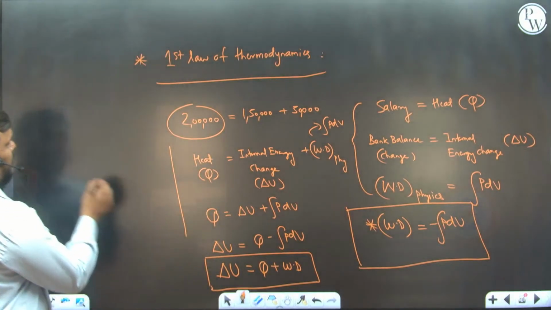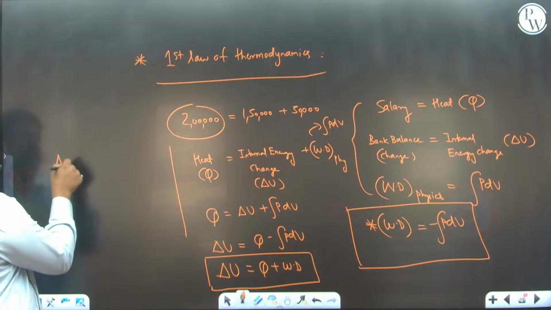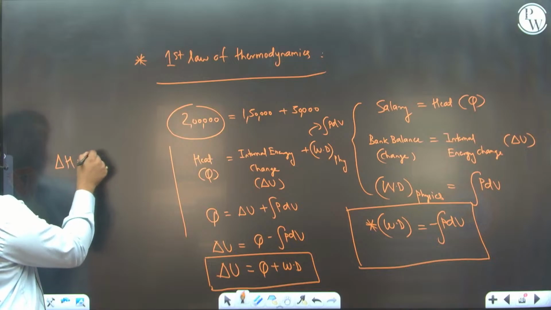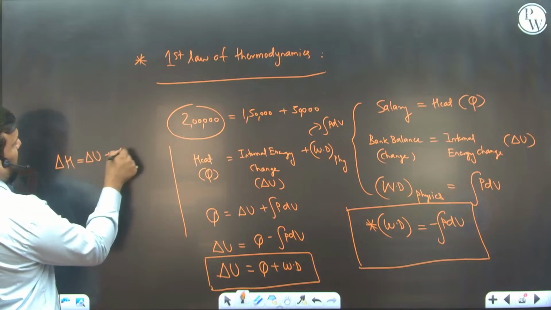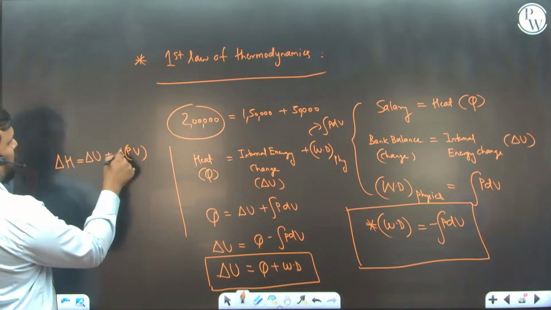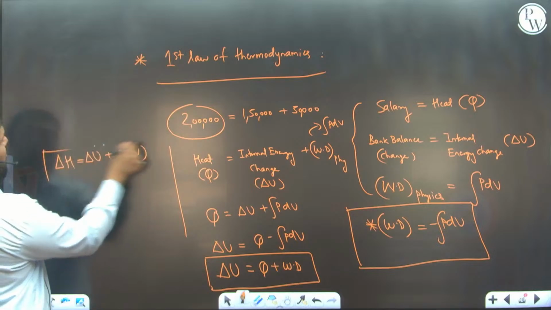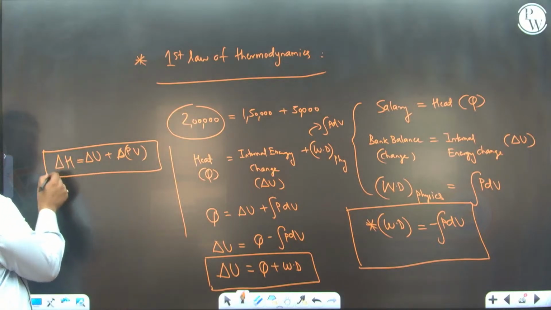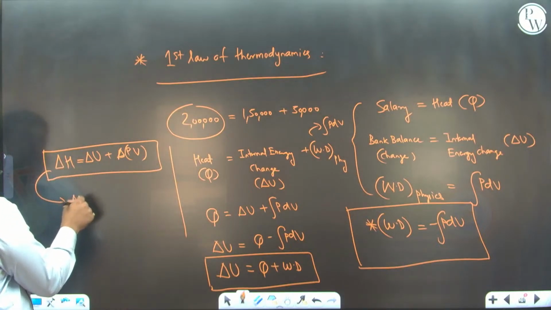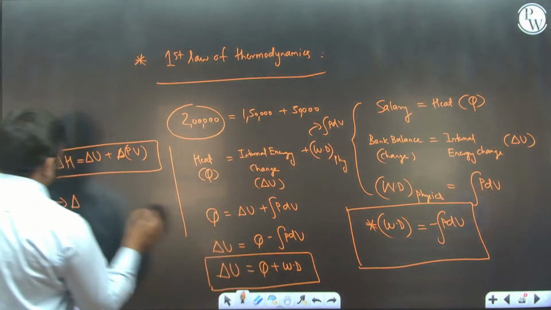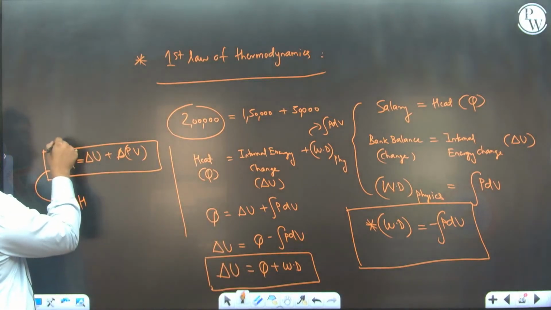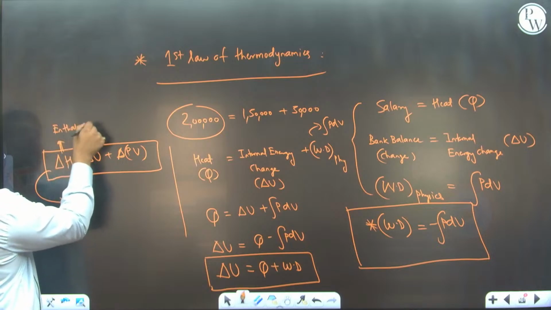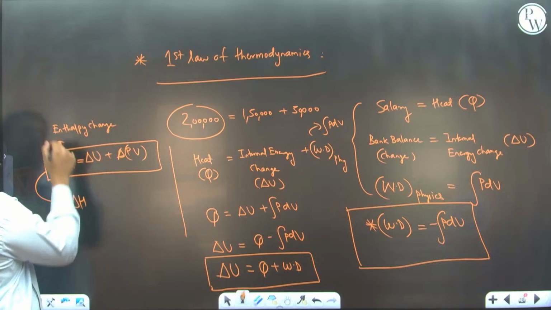One more important equation that relates enthalpy change with internal energy change is delta H is equal to delta U plus delta PV. This delta H is nothing but enthalpy change, and they ask for this enthalpy change many times.